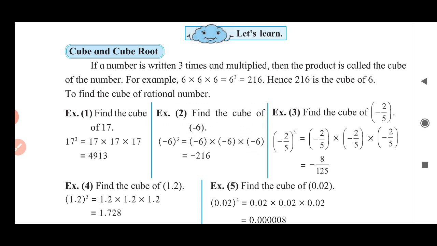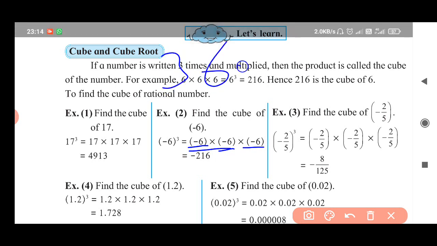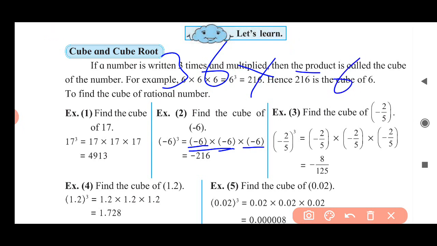Minus 6 raised to 3 is equal to minus 6 multiplied by minus 6 multiplied by minus 6. Two negative numbers multiplied give a positive answer, so minus 6 into minus 6 is positive 36, multiplied by minus 6, the answer is negative 216.